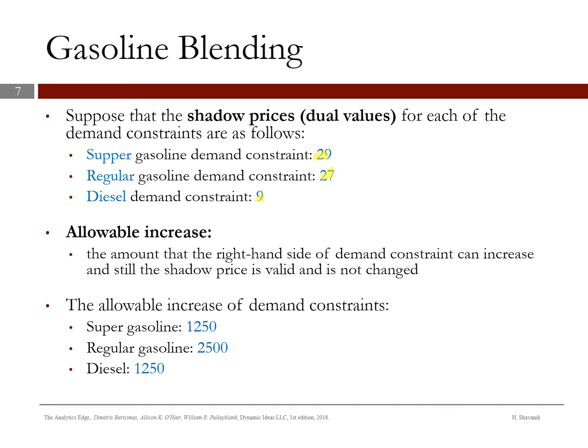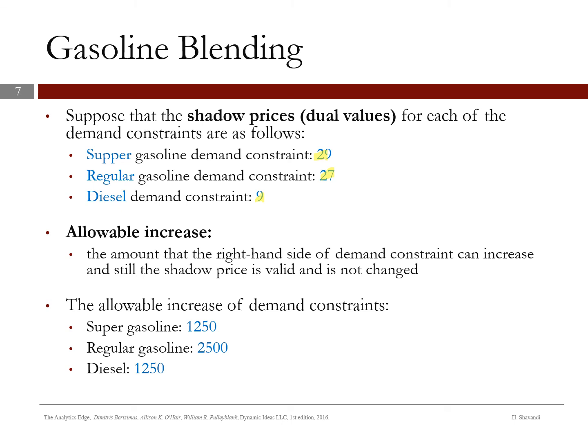So that means if we could add 1 barrel to the super gasoline, then we would have $29 more profit in our objective function, okay?